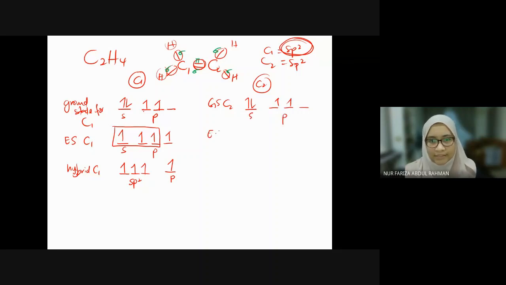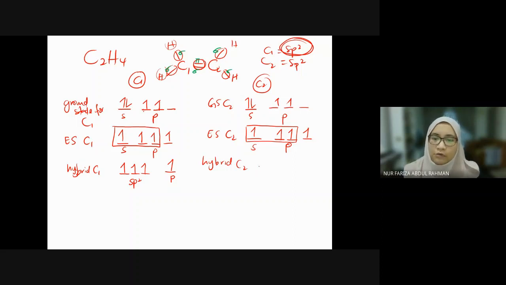Okay, and then excited state C2 sama saja dia punya keadaannya begitu. p s1 after dia dah excited kan dia jadi begini, and then the combined version, the hybrid version for C2. Okay, alright, so only these orbitals okay will be combined, so dia akan jadi sp2.